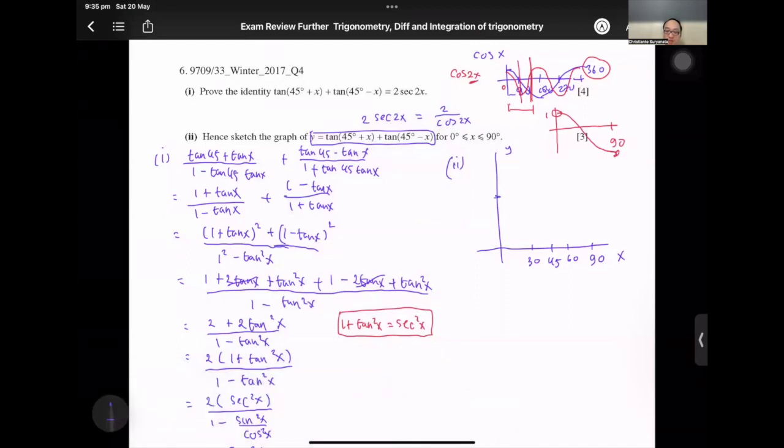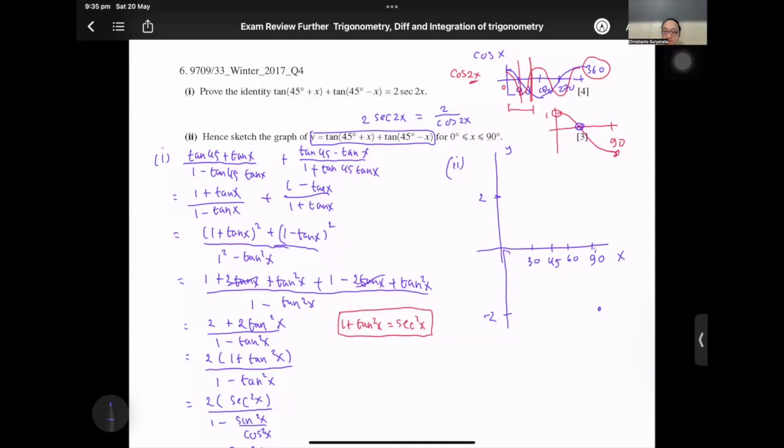So this becomes 2. And when it is at 90, it becomes negative 2. So I extend here, negative 2. So it will become this. And when it is at 0, yeah, 2 divided by 0 is infinite.